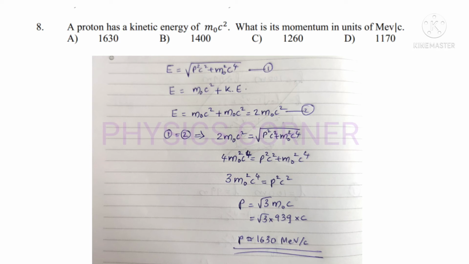And the mass of proton in units of mega electron volt is 939 mega electron volt, and we can substitute into this equation and we will get the final result as p is approximately equal to 1630 MeV per c. Okay, so option A is the answer.